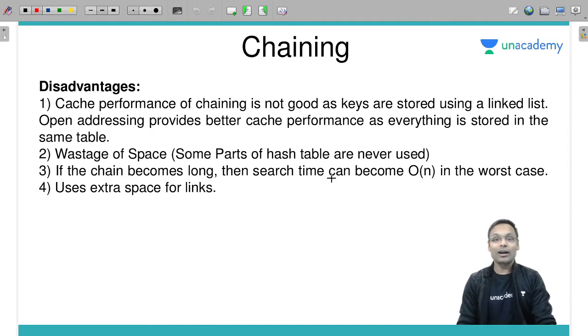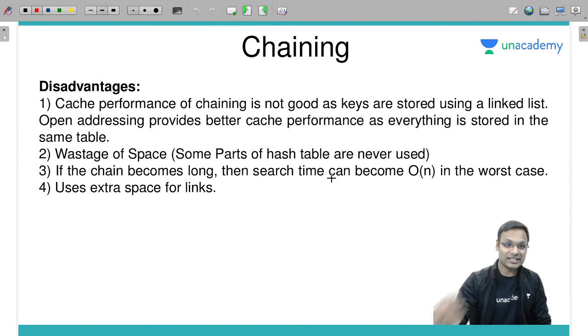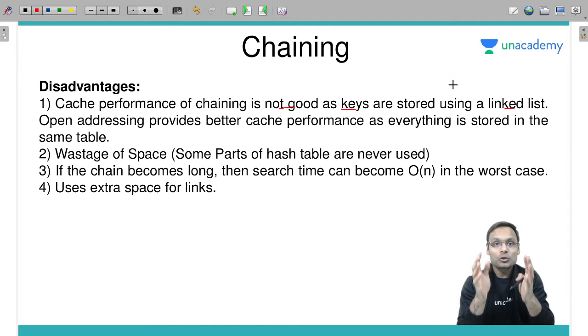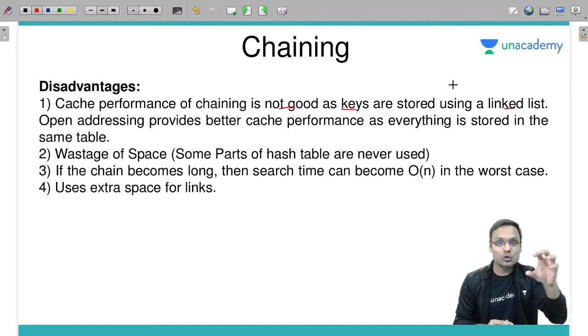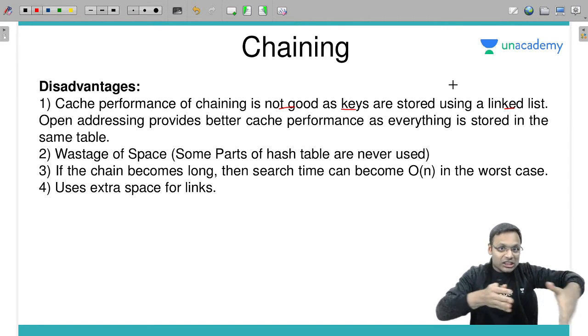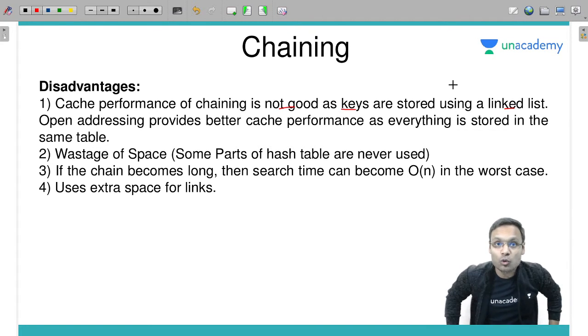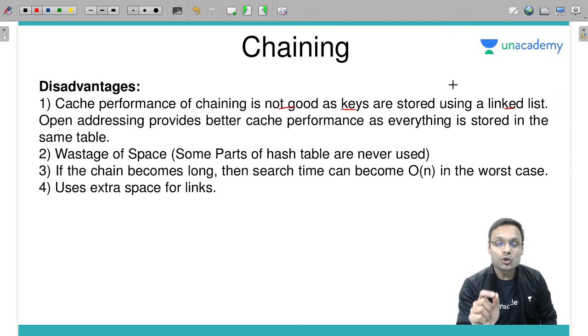We have disadvantages also in chaining. What is the disadvantage? First one is cache performance of chaining is not so good. Why? Just because you are storing keys in the linked list, and the linked list will not store the keys in a sequential manner in the memory. You know the storage of the nodes of the linked list is not in sequence, right?